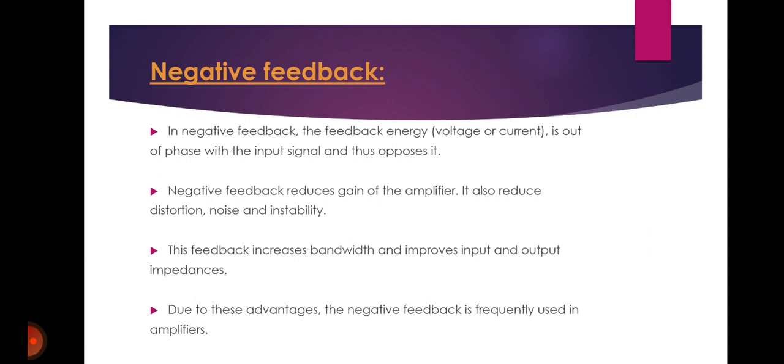This feedback increases bandwidth and improves input and output impedances. Due to these advantages, negative feedback is frequently used in amplifiers. So negative feedback is used in amplifiers and positive feedback is used in oscillators.